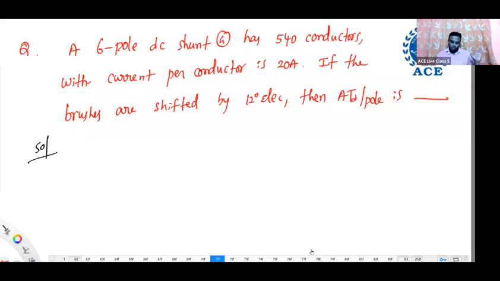You can solve it the way I have given. All of you are giving 120, 60. The exact answer, no one has given till now. No need of lap or wave here. Still you can solve. What is the answer?